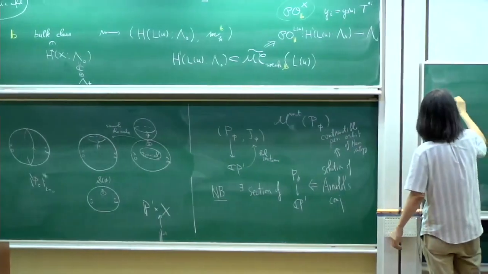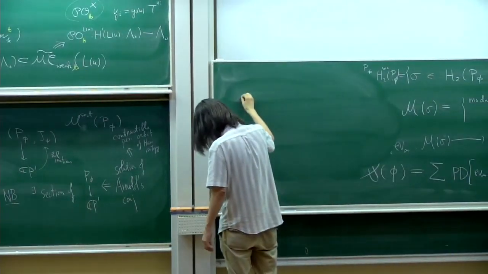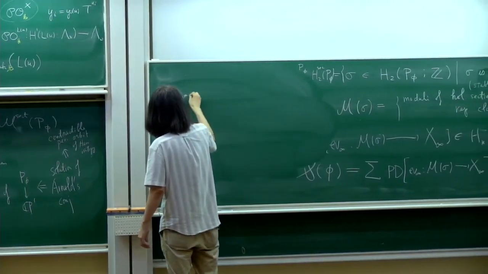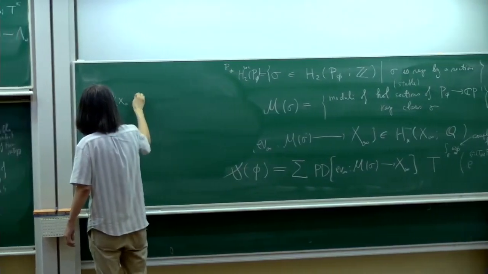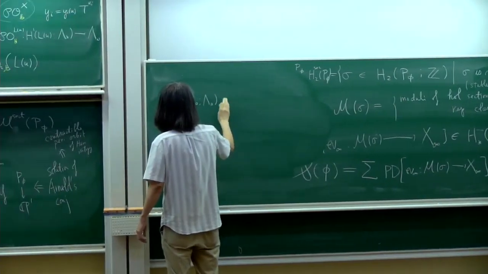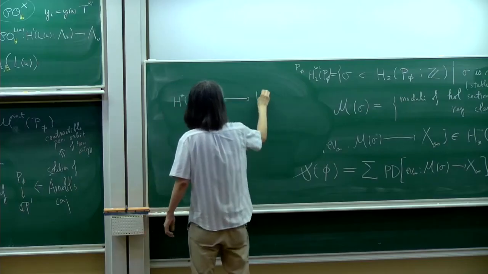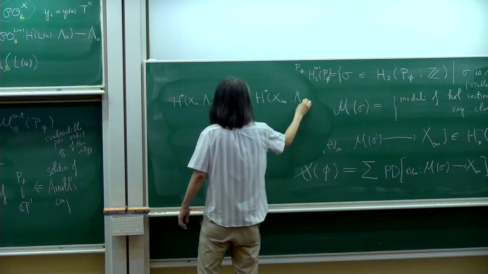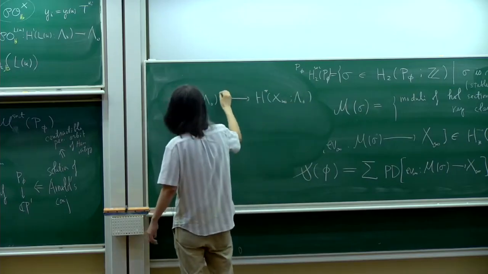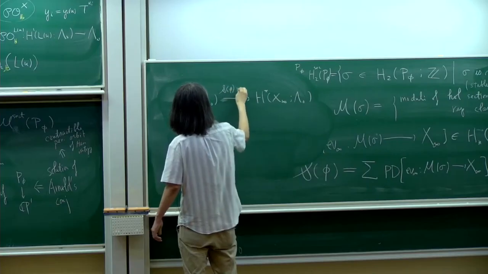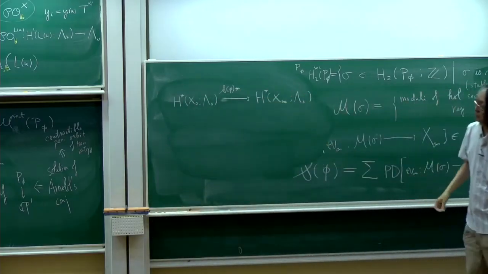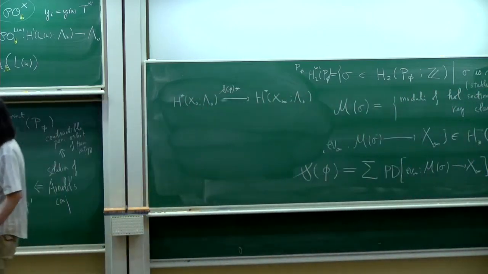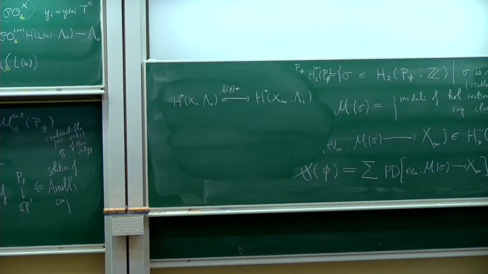So somehow we have the following. Here I consider quantum multiplication by this. And so this is a mapping from here to here. Right?